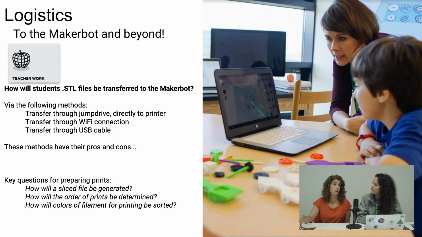So which prints will print first? And then what colors of filament for printing will be decided on. Within the guide, Liz actually listed out a lot of different ways that we can answer that question. Yeah, there are a lot of different logistical ways that we can help our students and help ourselves be successful in printing successfully.